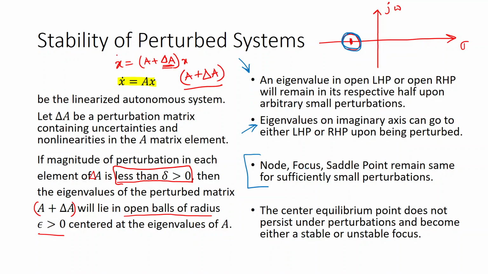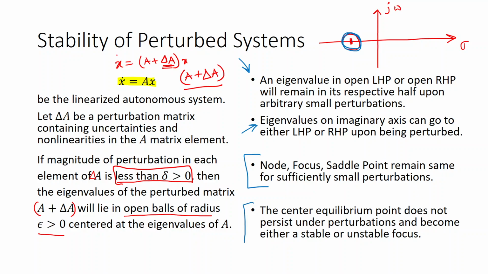Focus is not on the imaginary axis, focus is with complex eigenvalues with either positive real part or negative real part. Saddle point, one positive one negative, they are never on the imaginary axis, so the equilibrium point will remain the same type even with sufficiently small perturbations.